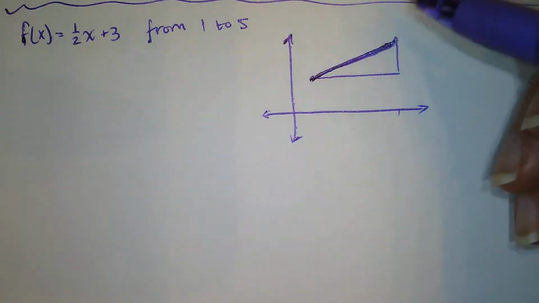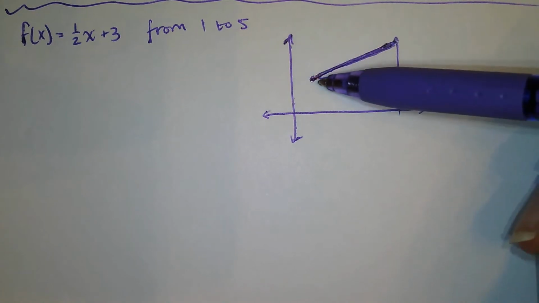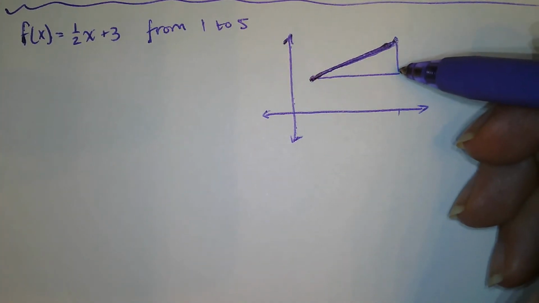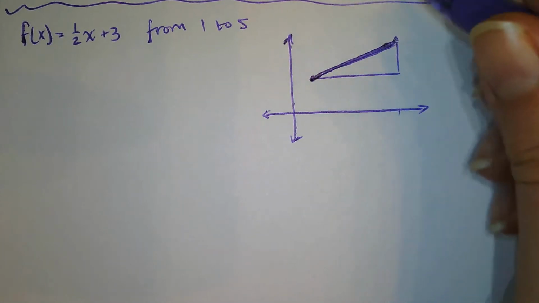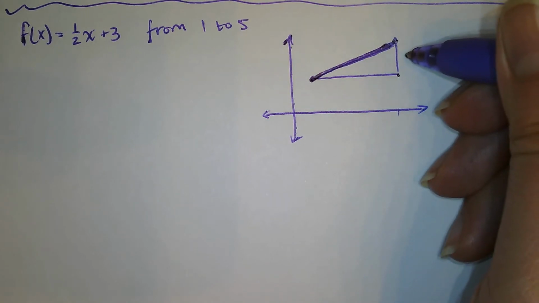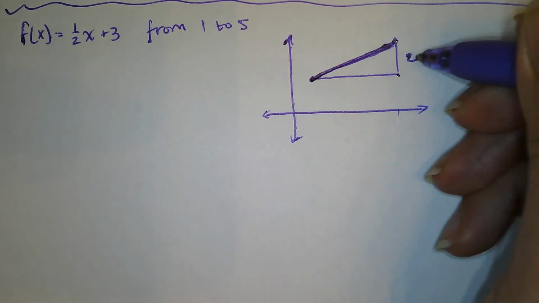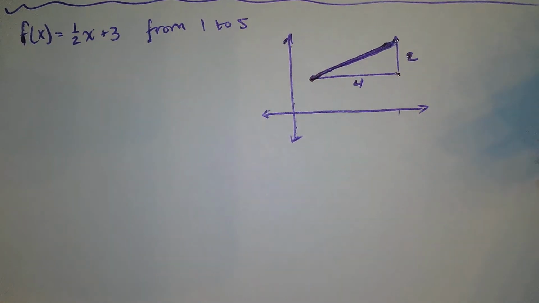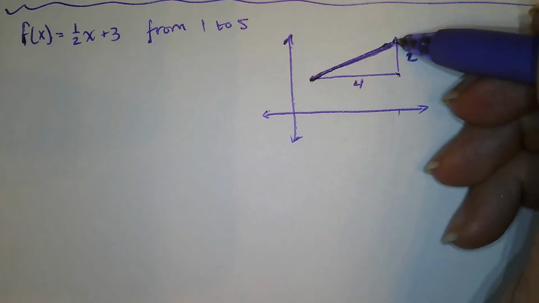When we plug in 1, we're going to have 3.5. And when we plug in 5, we're going to have 5.5. So from 3.5 to 5.5, it went up by 2. And from 1 to 5, it went over by 4. So it went over 4, up 2.